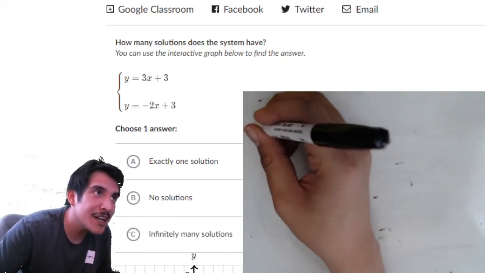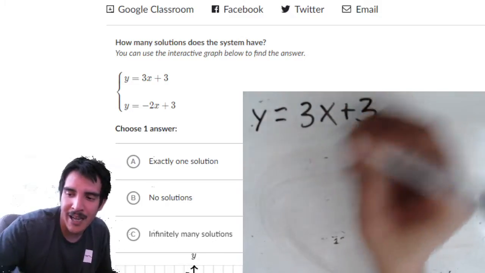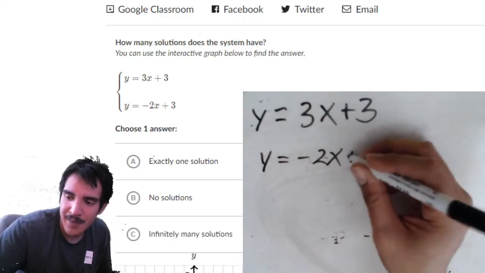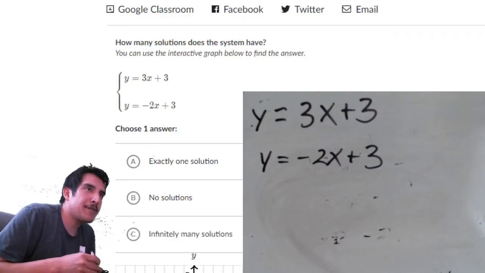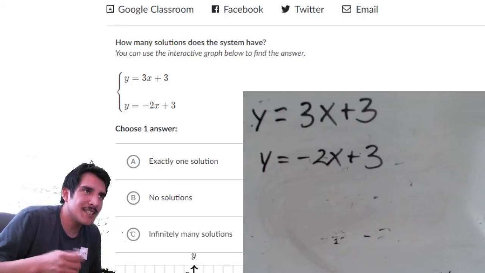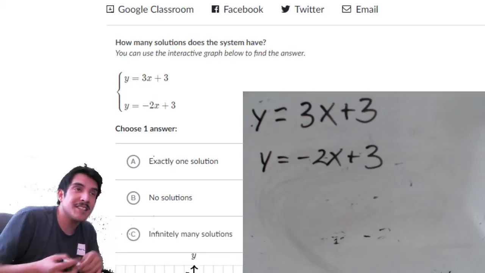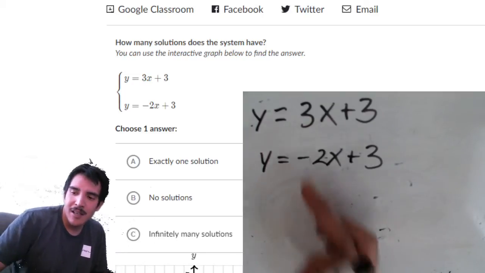So if you look at these two equations, y equals 3x plus 3 and y equals negative 2x plus 3, we're going to graph these and then see if they cross. Before we graph these, I'm going to tell you something.